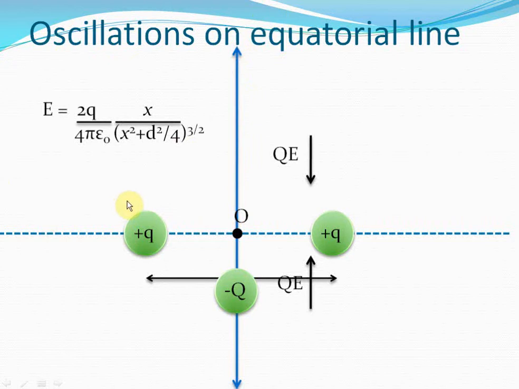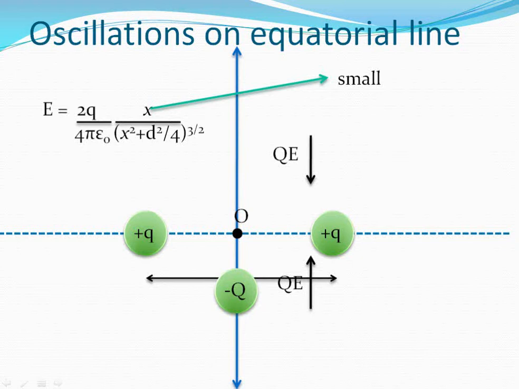Now if x is small, in that case x squared can be neglected in comparison to d squared by 4, isn't it? When you multiply this expression with Q, the magnitude of the charge, you get the net restoring force acting on the minus Q charge, isn't it?